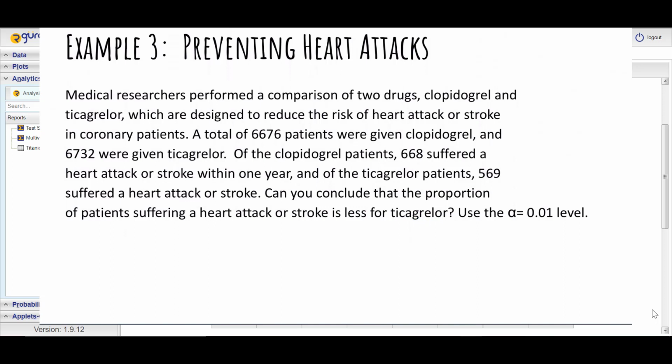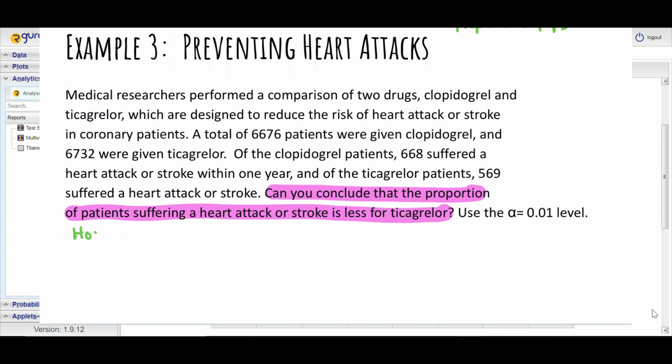All right, so we're doing a proportion inference, and we're doing two population. We're trying to say that the proportion of those that take ticagrelor is equal to the proportion of those taking clopidogrel.